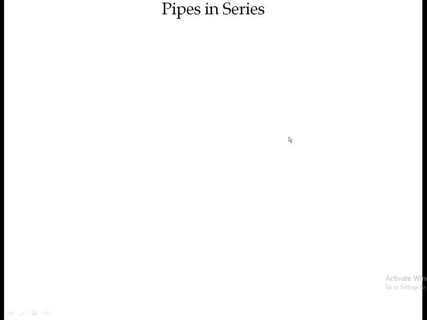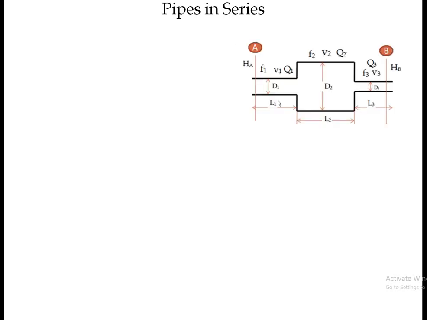When pipes with different diameters and different lengths are connected one by one, that kind of arrangement of pipes is nothing but pipes in series. Here we can see one example in which pipes of different diameters and different lengths are connected in series.